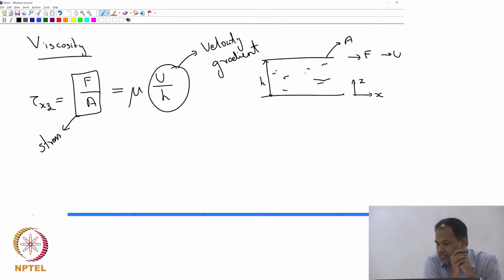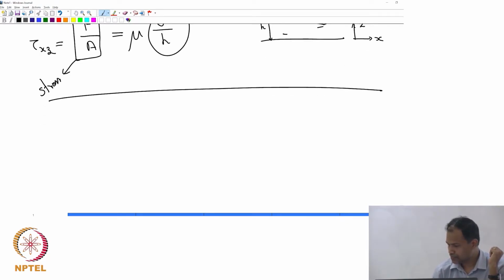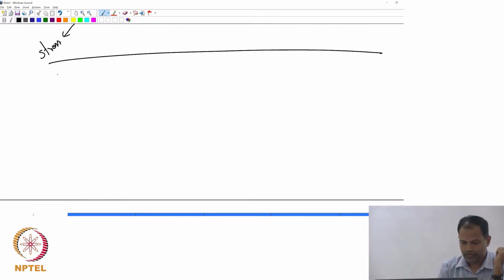So, we take a gas and let us say that we start with a situation where u is equal to 0. The moment you put u equal to 0, that means the gas that you have is essentially static, it is not moving.